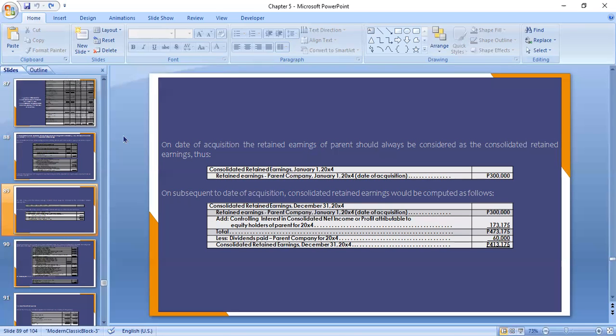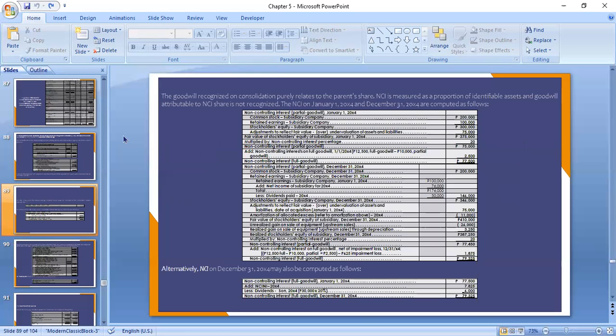Okay, so we have now the elimination of the reciprocal accounts, and here we have the summary of determining the non-controlling interest.